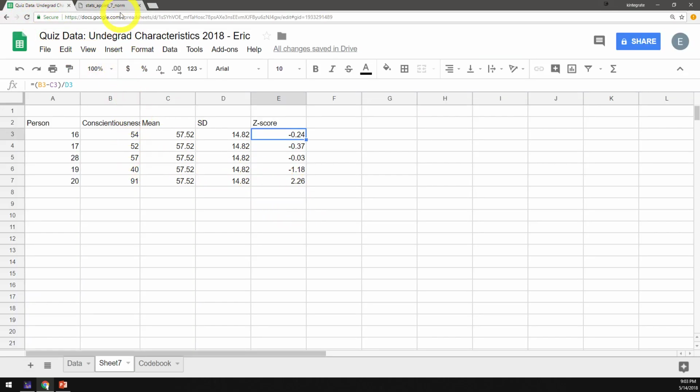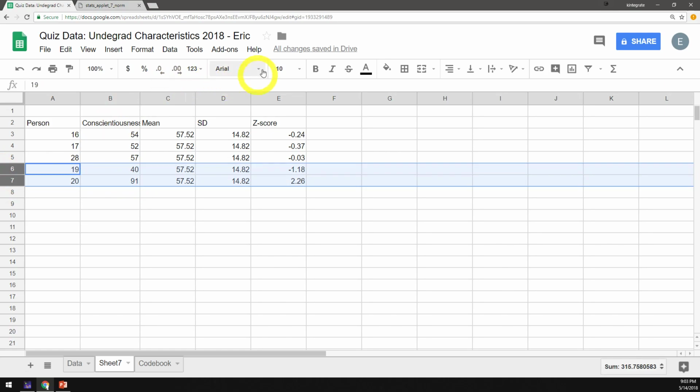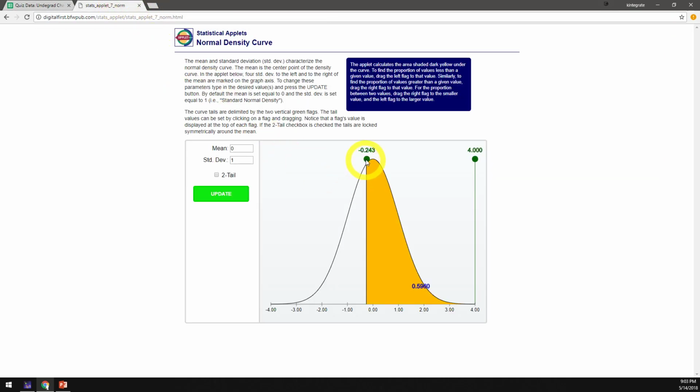So finally, we might be asked, what proportion of individuals fall between a score of 40 and 91? If we look at these two rows right here, we have negative 1.18 for one slider and 2.26 for the other. What proportion of individuals fall between that?